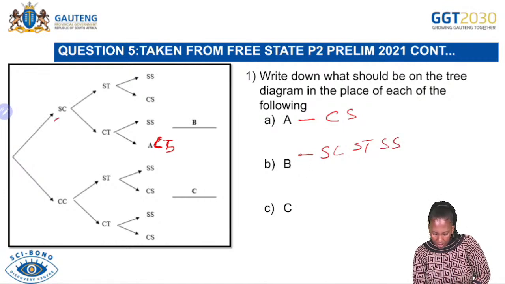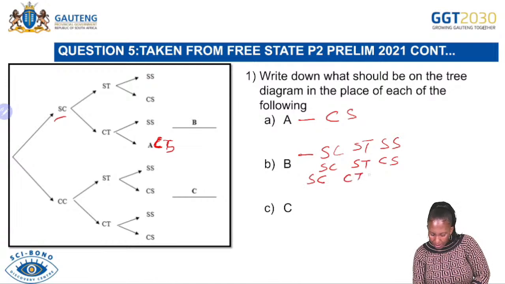And then we come here, which will be our SC, ST, CS. And then here we have our SC, CT, SS. These are the outcomes for B. And then we have this one as SC, CT, and CS.